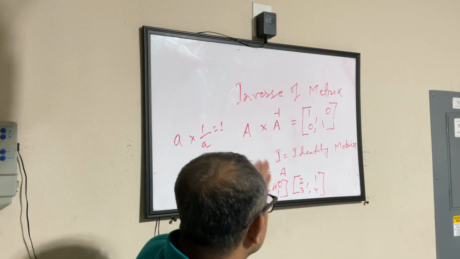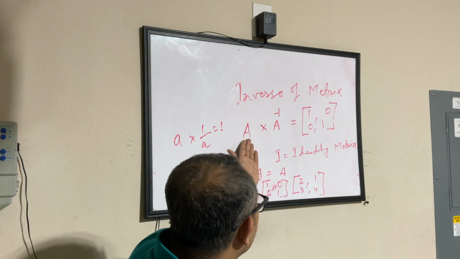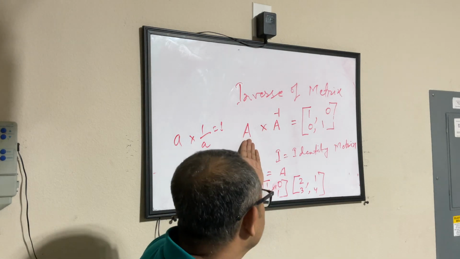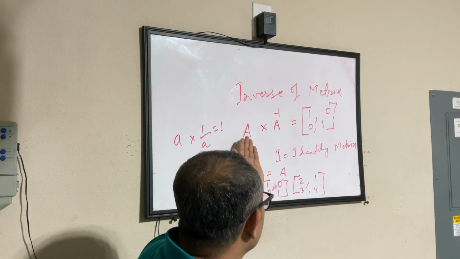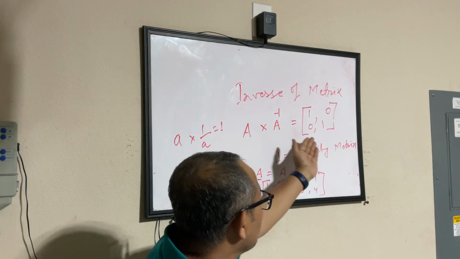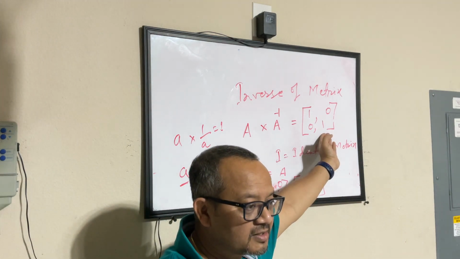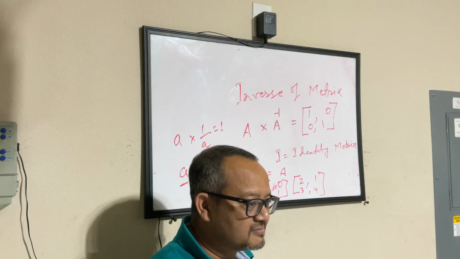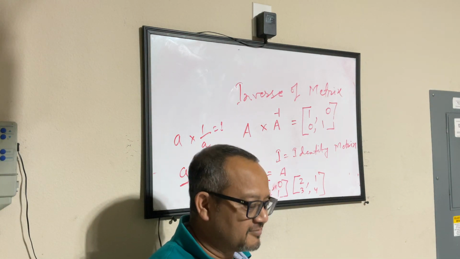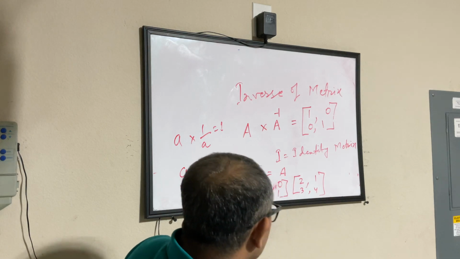I'm just assuming that when I'm finding the inverse of a matrix, I'll have another matrix. When I multiply these two matrices, meaning the matrix itself and the inverse of it, I'll get an identity matrix. Is this part clear? Yes, sir. Okay. Dave, are you clear with that? Yes, sir.